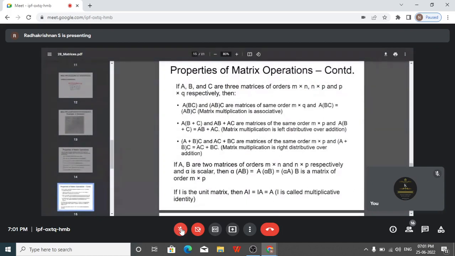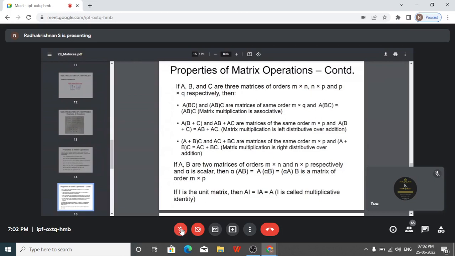Next, if there are three matrices A, B and C of the orders m by n, n by p and p by q respectively, then we are going to multiply the three matrices. Again we can do it in any order, but so long as we don't change the sequence of A, B and C. First we can multiply A and B and then by C, or we can multiply BC first and then multiply A by BC.